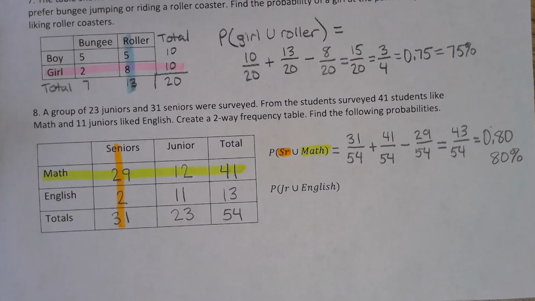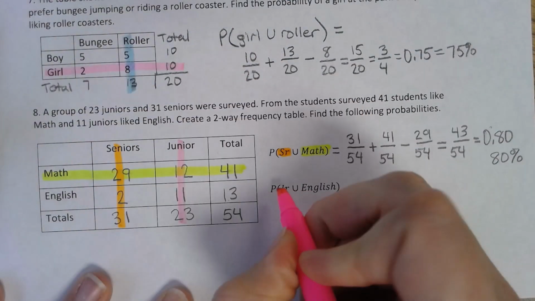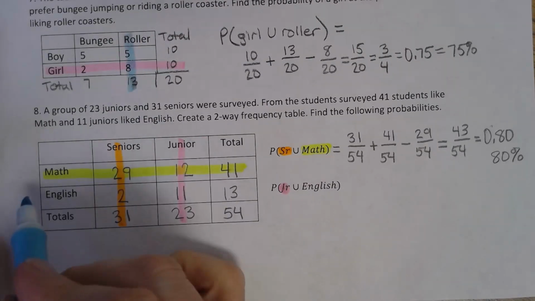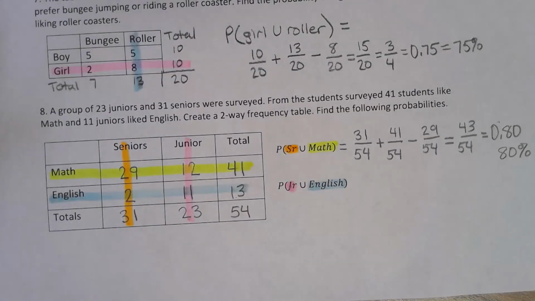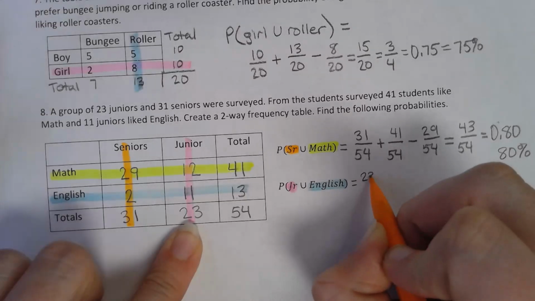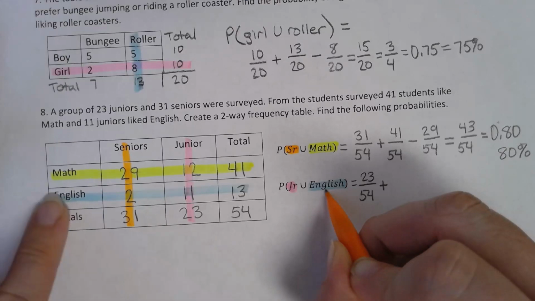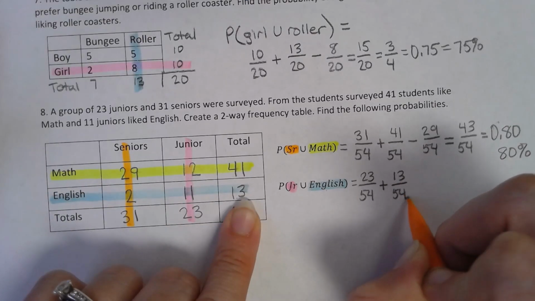Let's take a look at one more. What is the probability of juniors? So we want our juniors or liking English. So our number of juniors, we have 23 out of the 54. Students that like English, there are 13 out of 54.